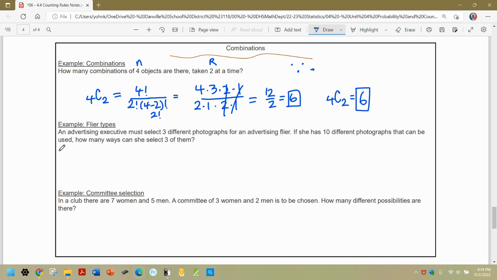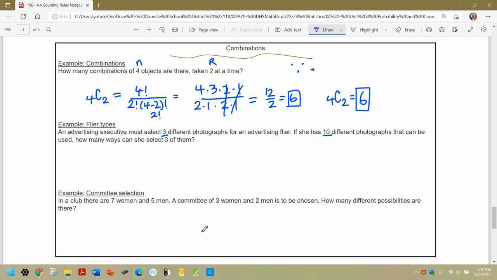An advertising executive must select 3 different photographs for an advertising flyer. If she has 10 different photographs that can be used, how many ways can she select 3 of them? Okay, so we have 10 that we're getting the photographs from, and we're trying to grab 3 of them. Those 3 photographs are not going in any specific order in the flyer.